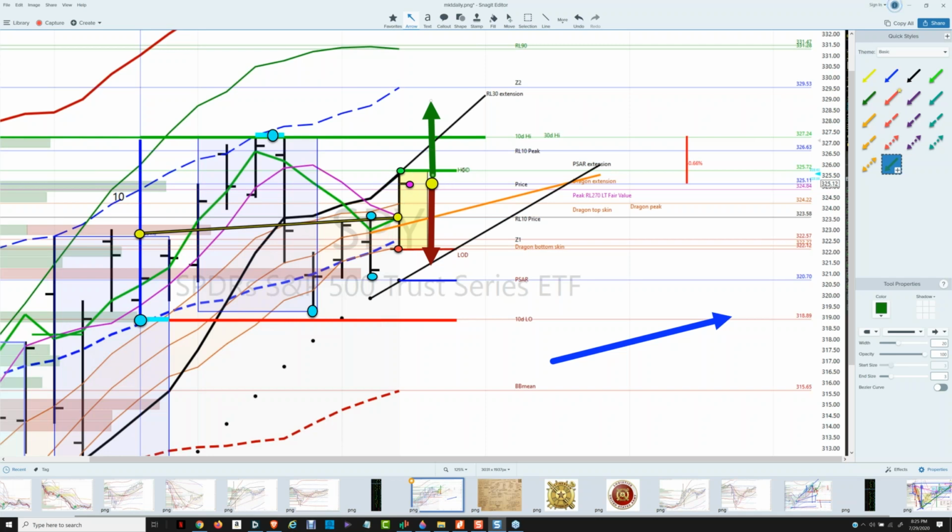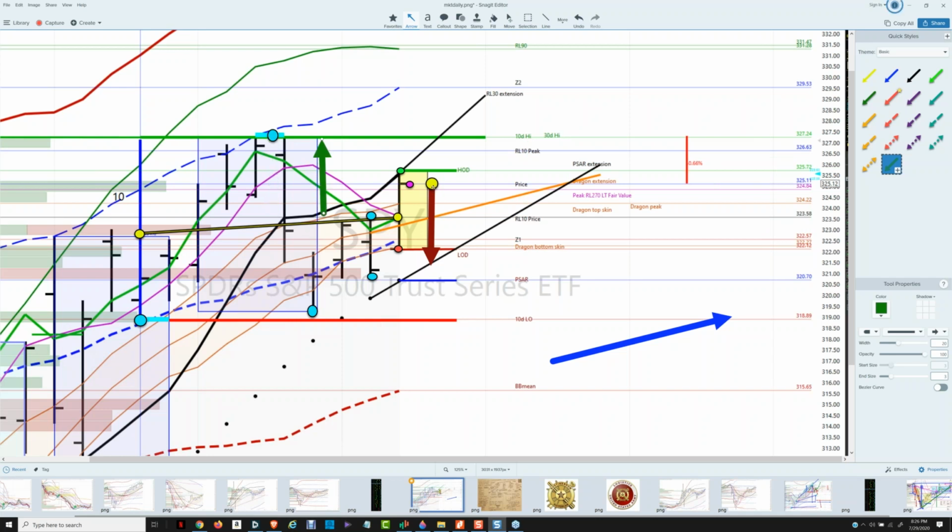So if this were to continue, we'd have to see price get through the high of the day at 325.72. It would have to get through the RL10 peak, which happened about 6 days ago, at 326.63.